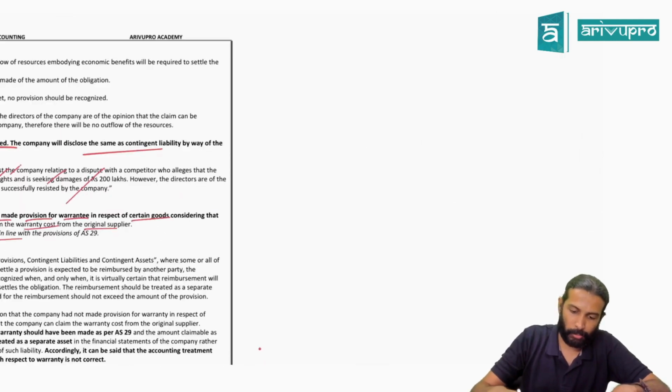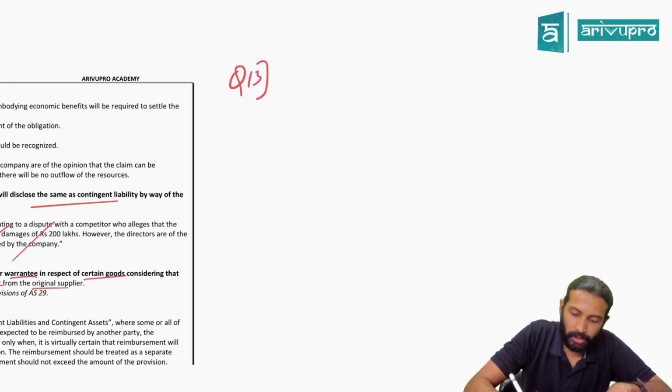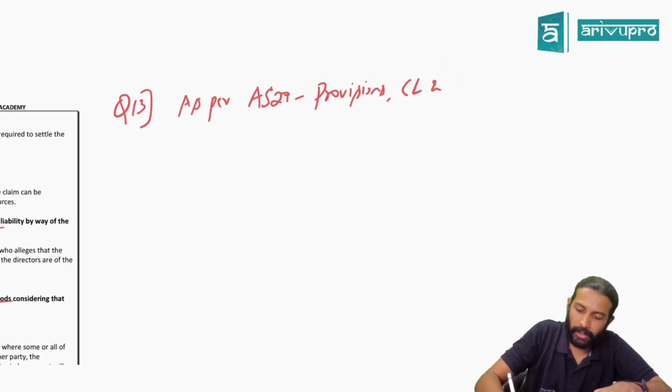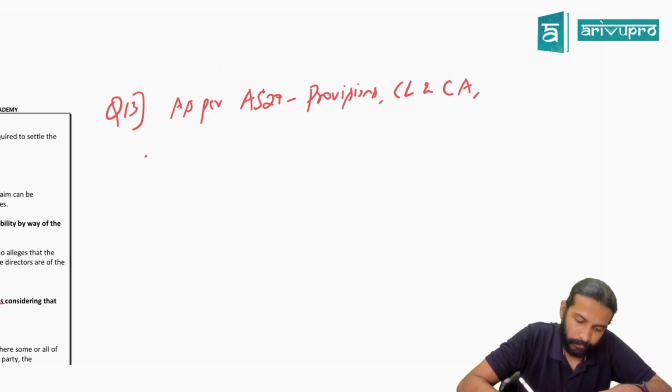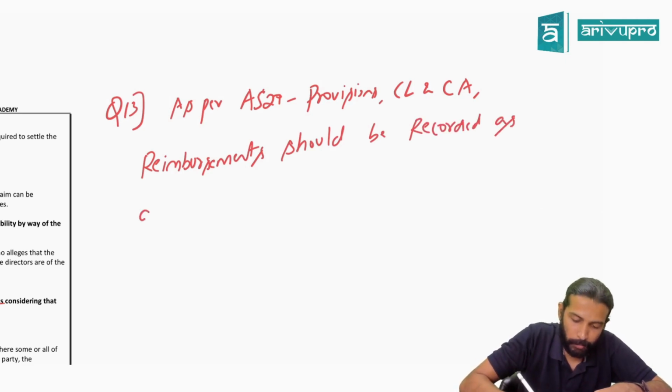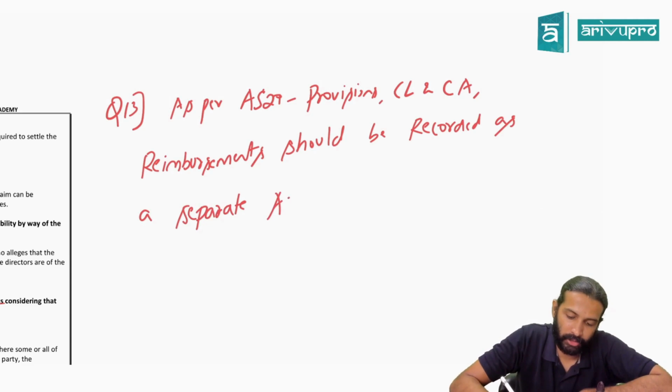Question number 13 ka solution, maybe you write down this. Question number 13. As per accounting standard 29, provision, contingent liability and contingent asset, reimbursements should be recorded as a separate asset.